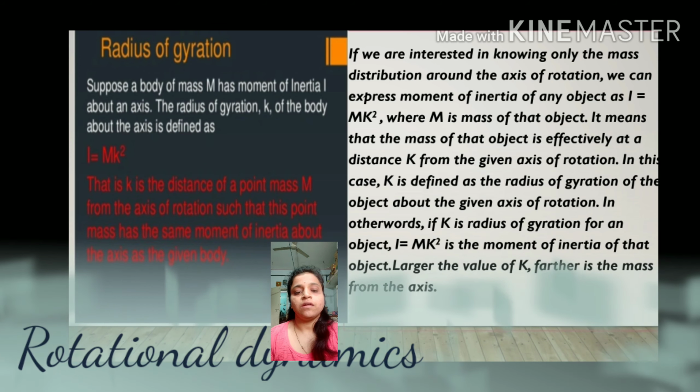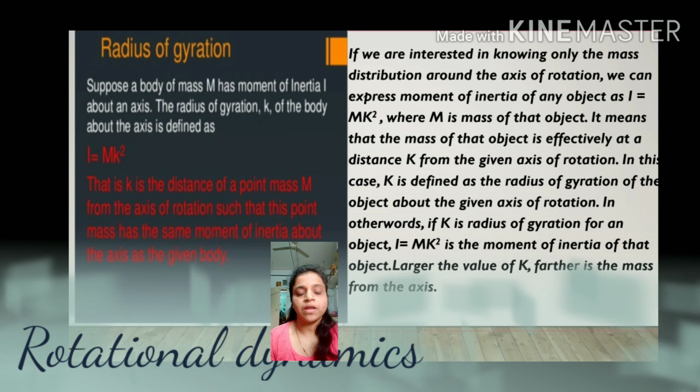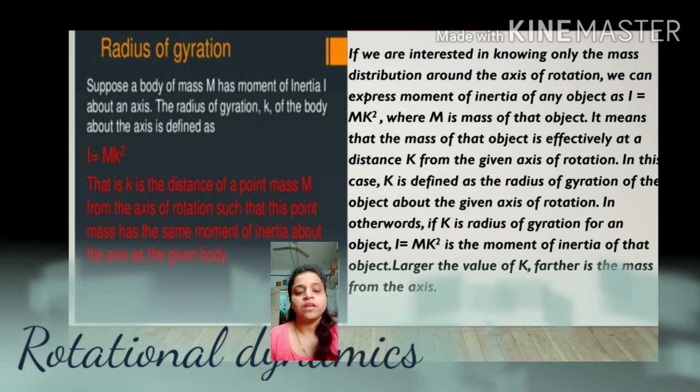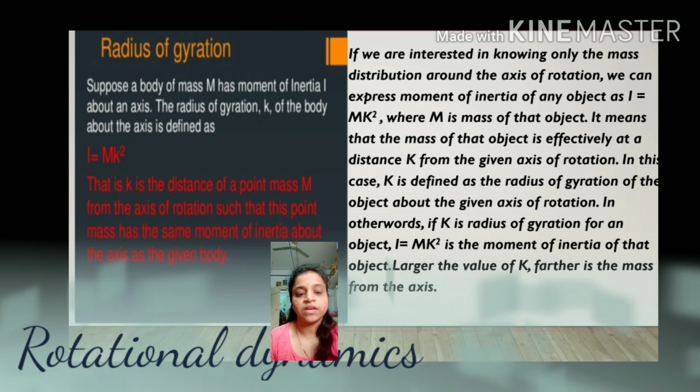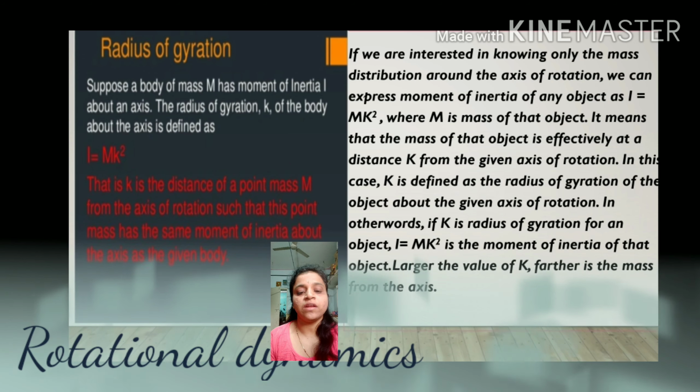Looking deeper, if we want to know what is meant by radius of gyration, we can say that if we are interested in knowing only the mass distribution around the axis of rotation, we can express the moment of inertia of any object as I is equal to mk square, where m is the mass of that object.